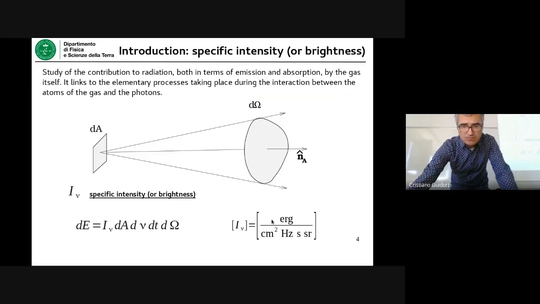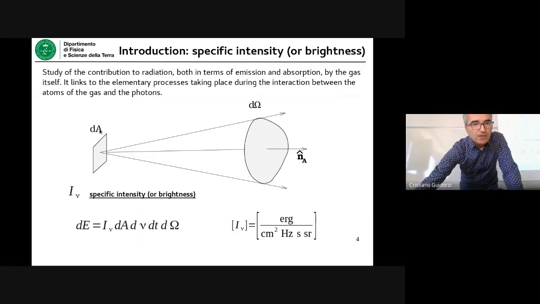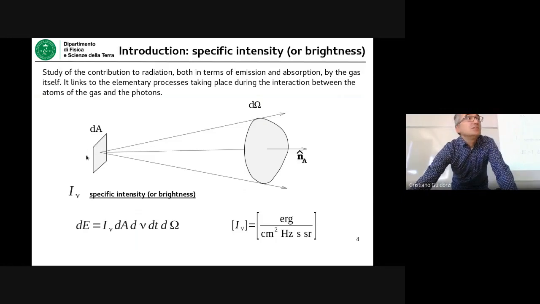This is in the CGS system. So what does this mean? Well, just think of a surface element that we call dA. You've got some radiation crossing this element, and in particular crossing within a time interval and directed within some given solid angle.